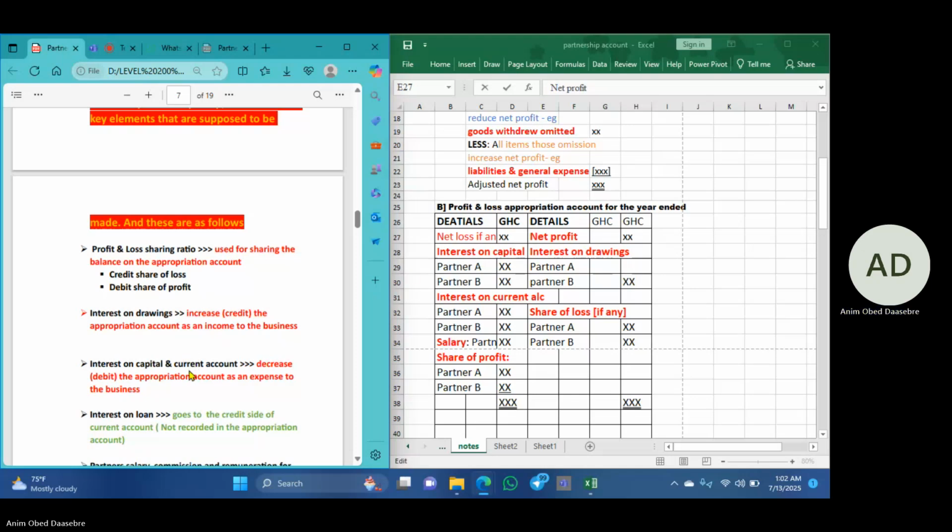So interest on capital and interest on current accounts decrease the appropriation accounts as an expense toward the business.